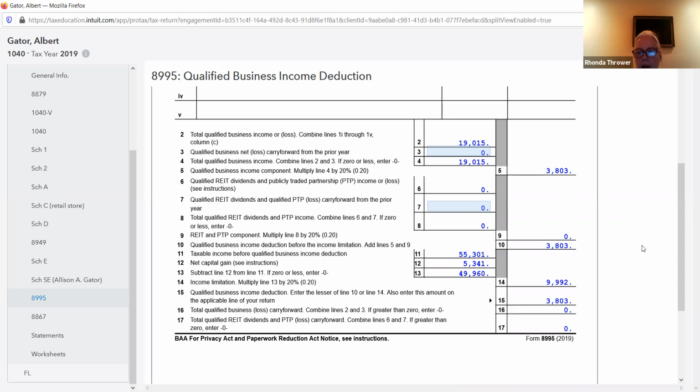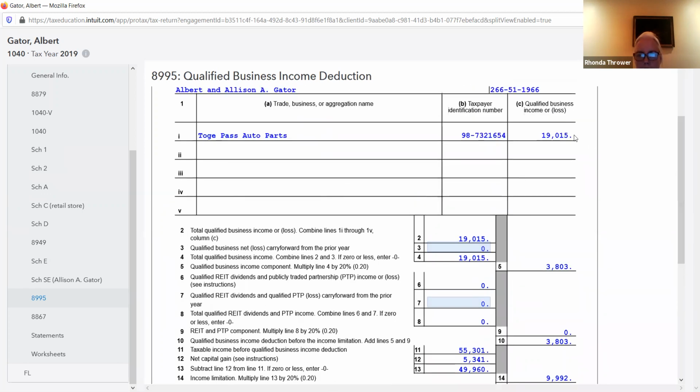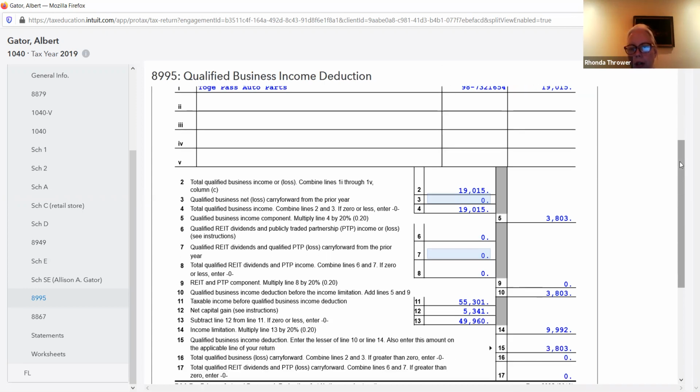Okay, and if you don't know how to find the 19,015, what you're going to do is take your Schedule C net income, which was 20,461, and subtract out half of your self-employment tax, which was 1446. That's how they get this 19,015.